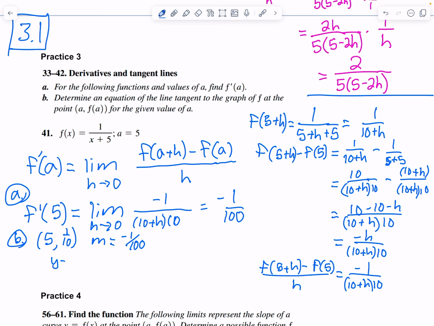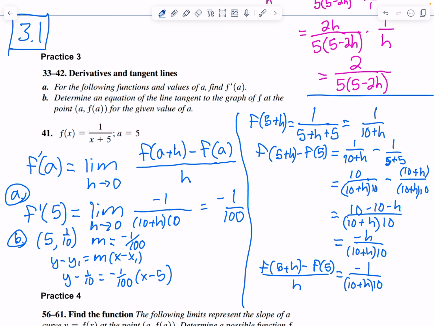Then I use my equation, y minus y1 equals m times x minus x1. So y minus 1/10 equals negative 1/100th times x minus 5. That would be B.